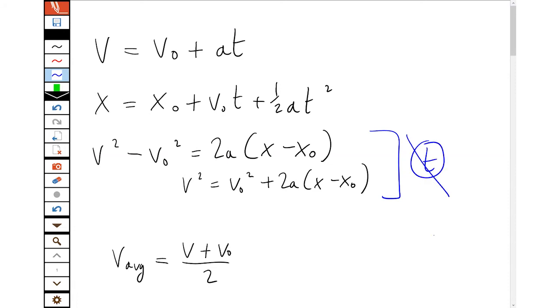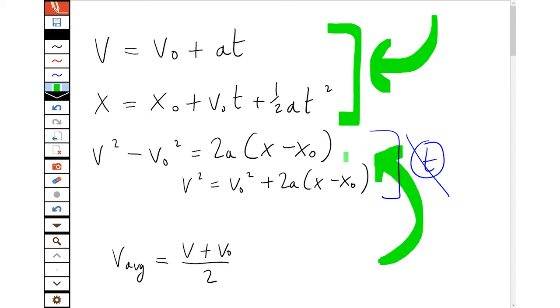So that can help us choose which one to use. If a question says, how long does it take a truck to stop? Well, that's time, so it'll be one or both of the time equations. But if it says a truck skids to a halt in 30 meters, that's a distance, not a time. So that'd be this equation here, and that's the distance equation.